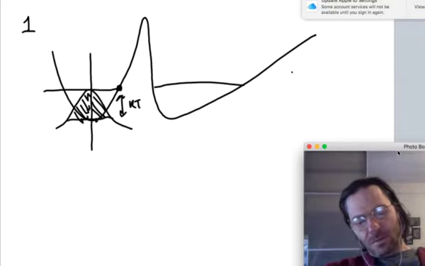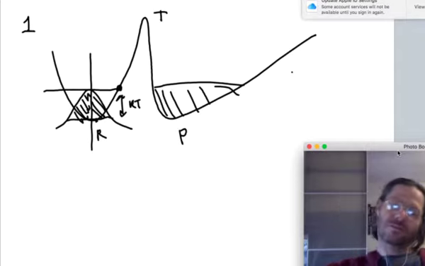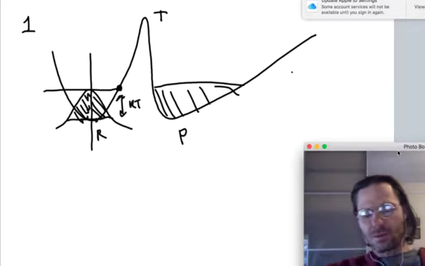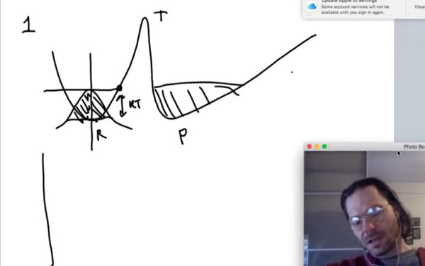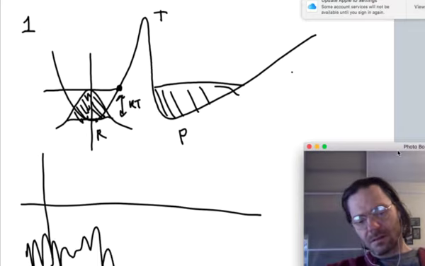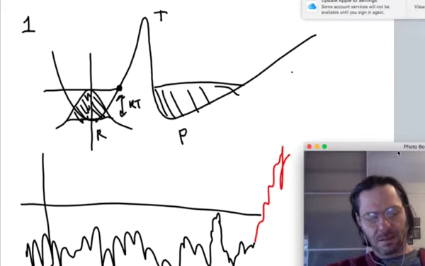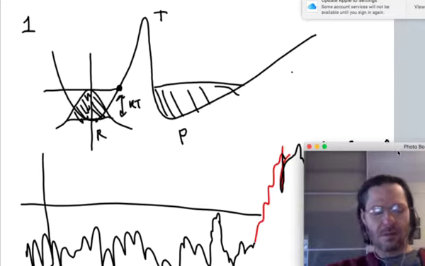This is, of course, my product. And this is the transition region. So if I were to look at the trajectory in configuration space, I would say something like this: thermal oscillation in the reactant, and so on and so forth.